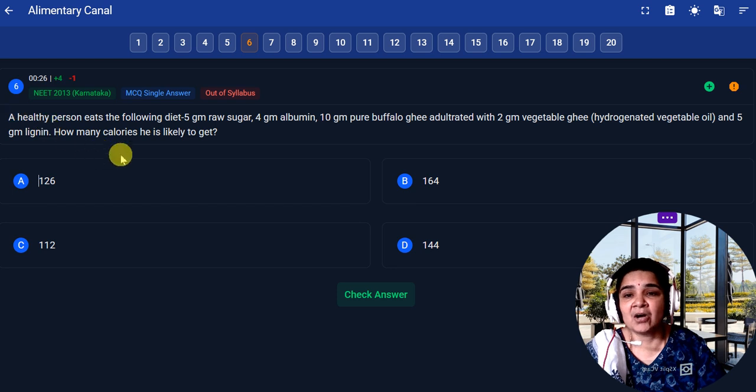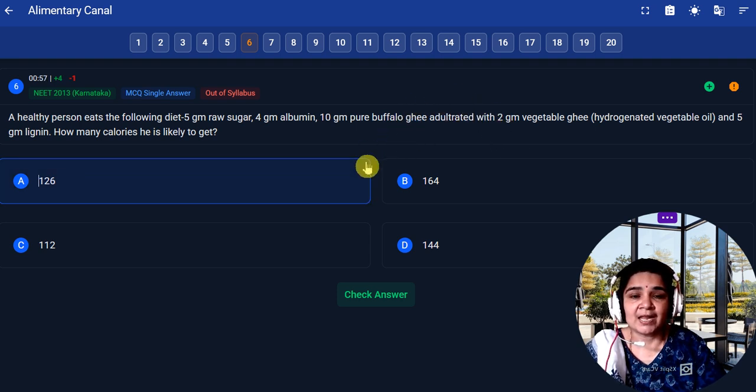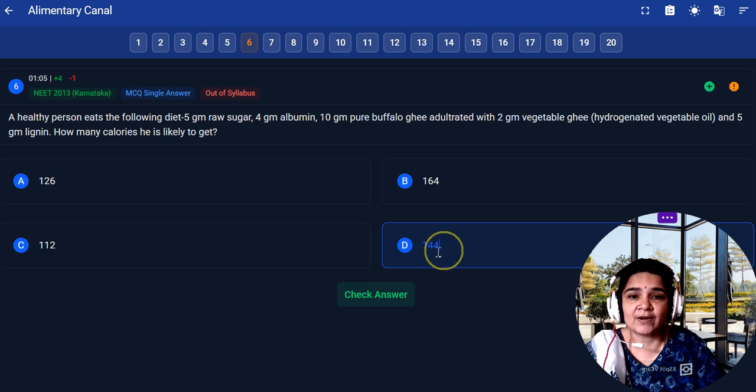We have to know how many calories will be liberated by each one. 5 grams of sugar, a carbohydrate, normally yields 5 into 4, that is 20 calories, whereas 4 grams of albumin is 4 into 4, that is 16 kilocalories, whereas the total is 12 grams of fat. So 12 into 9, that is 108. If we add the entire thing, it will come to 144.